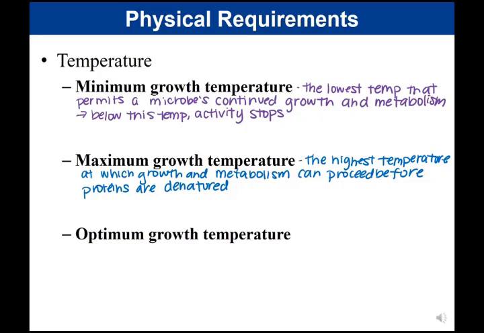The optimum growth temperature is just like its name suggests.